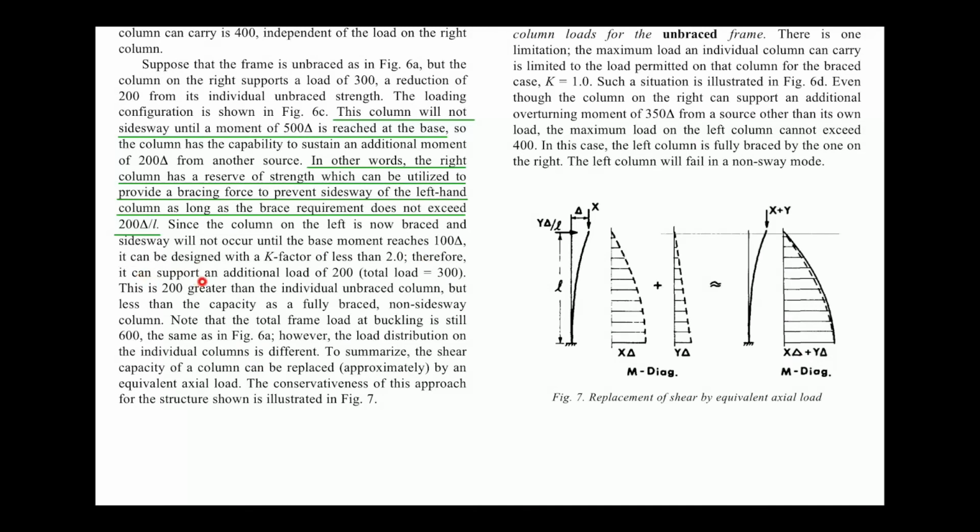Therefore, it can support an additional load of 200. This is 200 greater than the individual unbraced column.